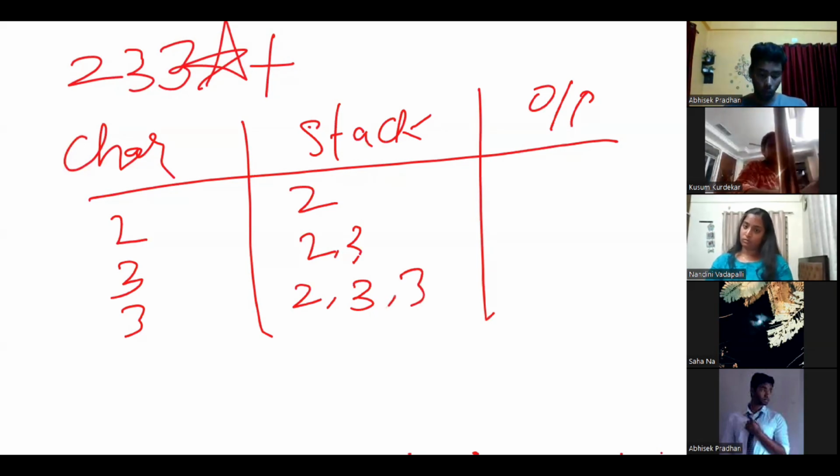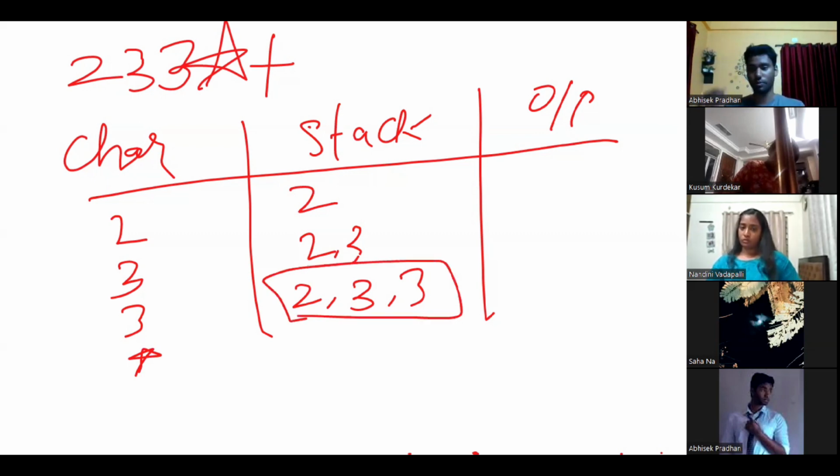Now comes the operator, which is a star. When this star is read, we learned that it works on the latest 2 operands. In my stack the values are stored as 2, 3, 3, so the latest 2 values are 3 and 3.